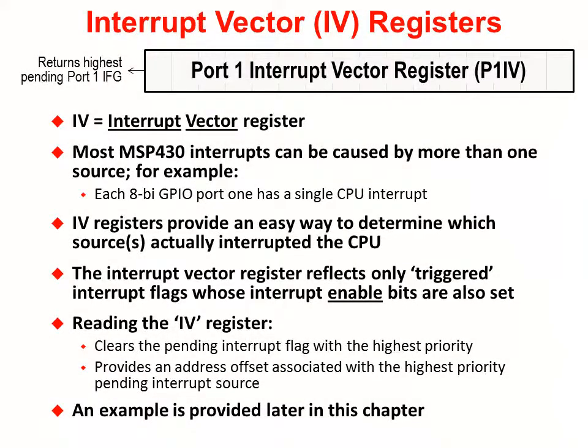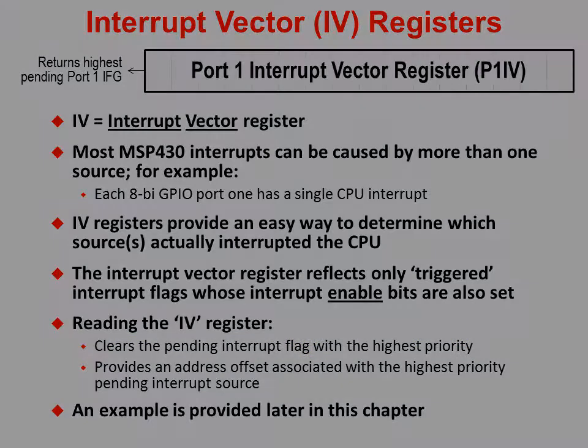To help with using grouped interrupts, the MSP430 provides an interrupt vector register for each one of the grouped interrupts. When you read this register, it actually returns the highest pending interrupt in that group. It also clears the pending interrupt flag for whichever IFG it returns. We'll see an example of using this later in the chapter when we look at the interrupt coding section.